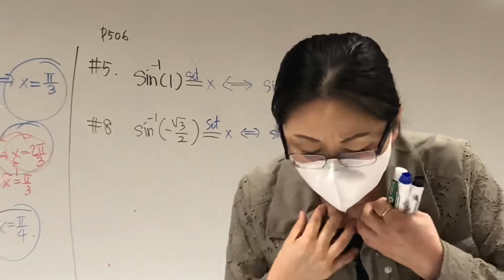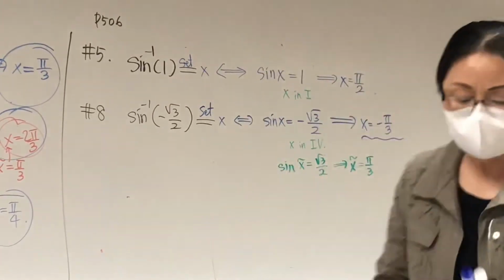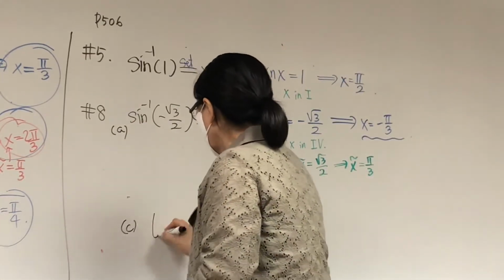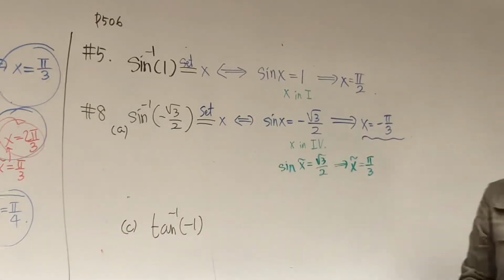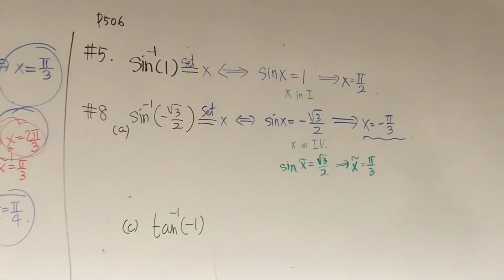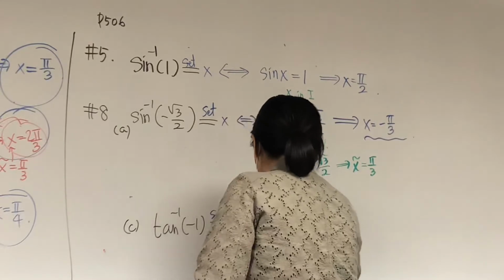One more. I don't do this time, you do. How about tangent inverse of negative 1? Set it equal to x, okay? And then tan x equals negative 1.